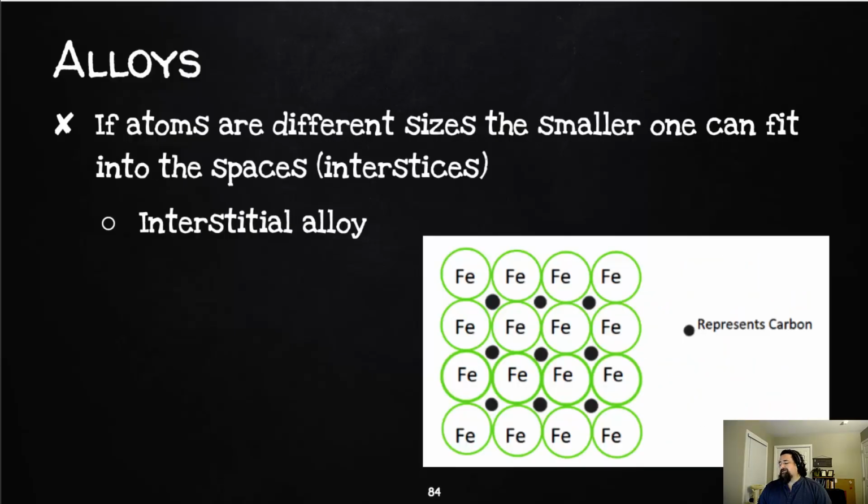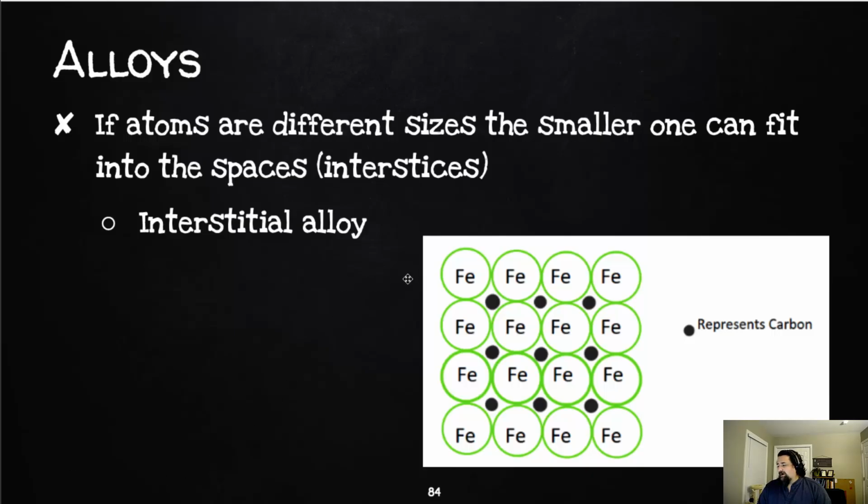The other one is what's called interstitial. And so the space between atoms when they're together, the space between is known as the interstices. And so in an interstitial alloy, a different size, a smaller atom, will go right into those spaces. Okay, so in this case, we're looking at steel.